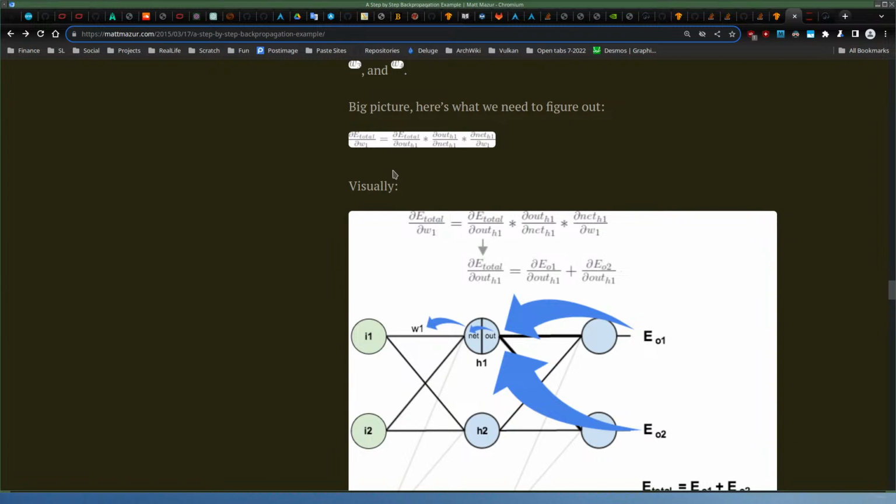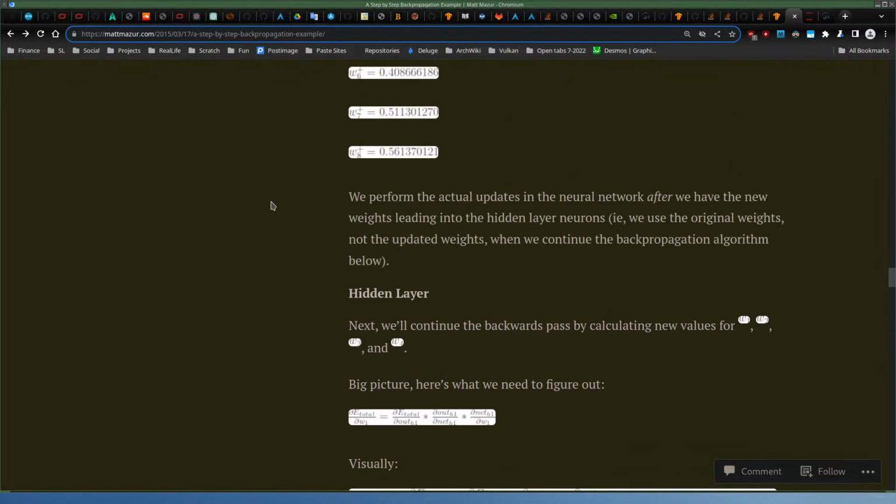Except, of course, that error is a whole layer further. So I guess we did already calculate this one. The derivative of E total relative to out H1. Did I see that before? E over delta out H1.